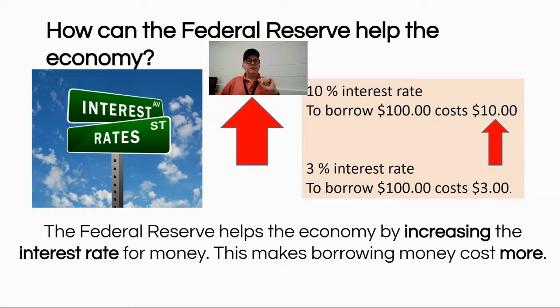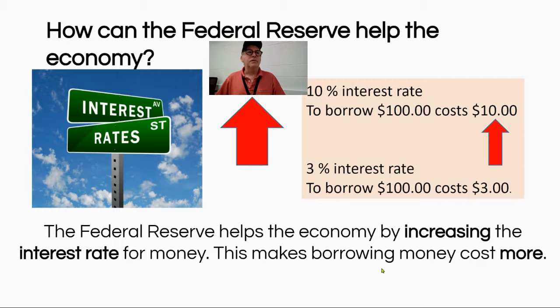How can the Federal Reserve help the economy? The Federal Reserve helps the economy by increasing the interest rate for money. This makes borrowing money cost more. Why would the Federal Reserve want to increase the interest rate?